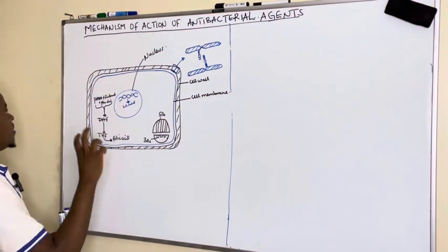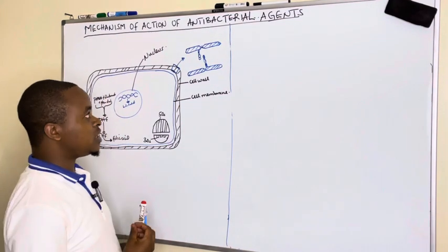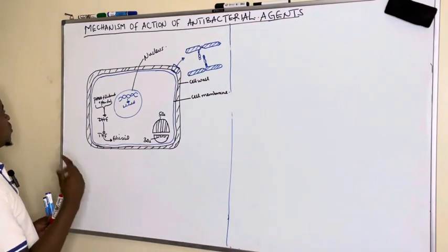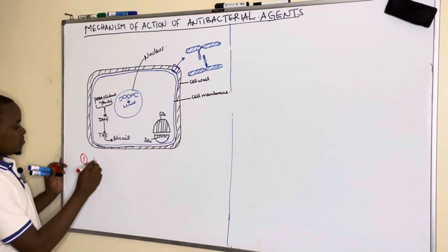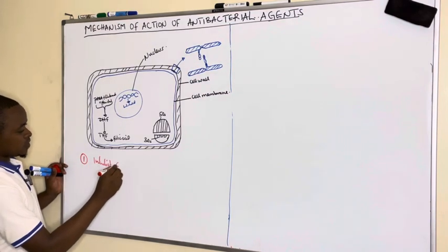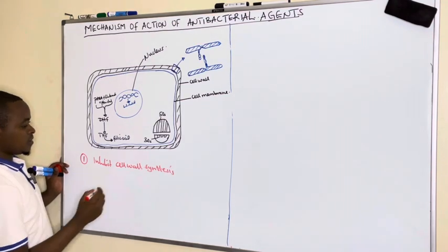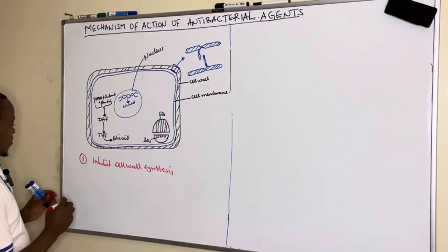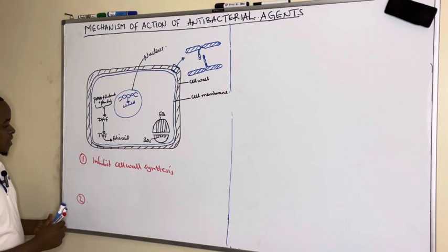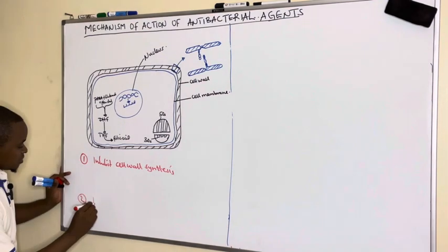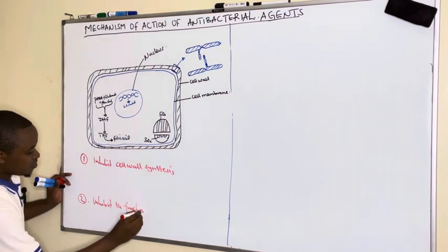As we begin, there are 4 major mechanisms of action of different antibacterial agents. Number 1, we shall look at those that inhibit cell wall synthesis, inhibitors of cell wall synthesis. Number 2, we shall look at the antibacterial agents that inhibit the functioning of the cell membrane.